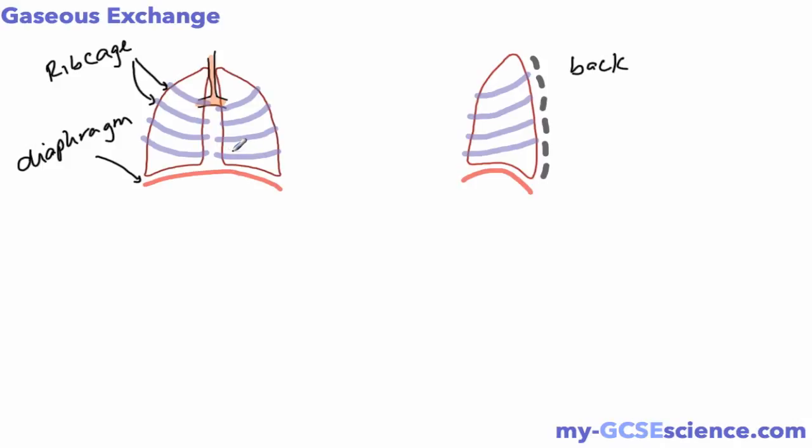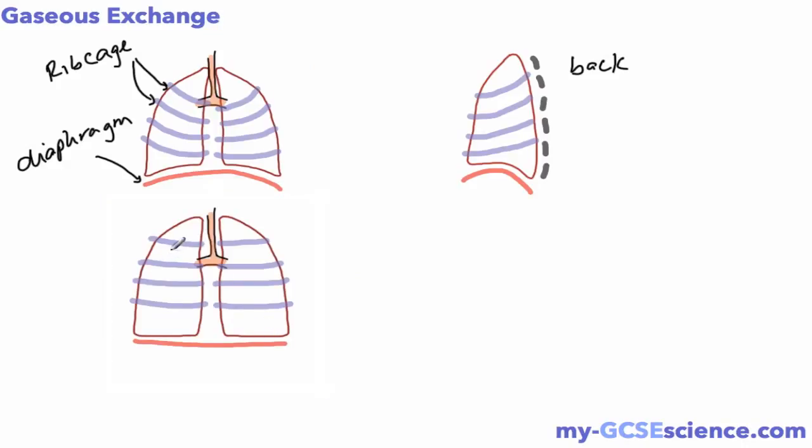Now, in order to ventilate the lungs, in order to get air into the lungs, we have to change the shape or the volume of the lungs, and the way that happens is we have the ribs which move upwards and outwards. So if we look at both views, we've got the ribs here.